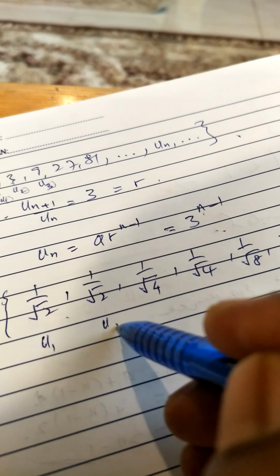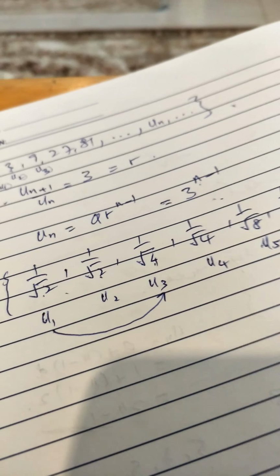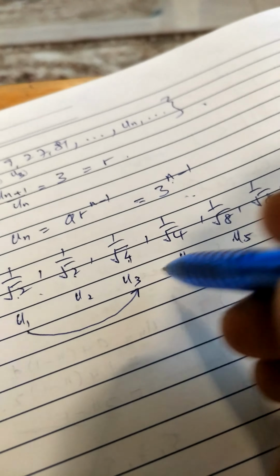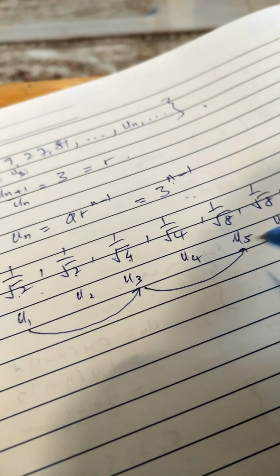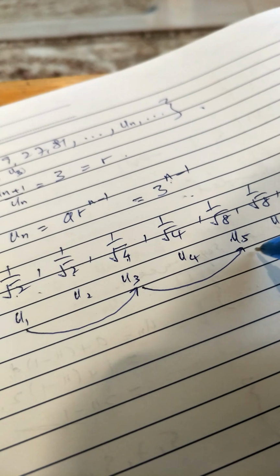Look at where the terms start to change. Here 1 over square root 2, then the same value, then 1 over square root 4, same value. So it jumps every 2 terms. You can expect the next change is u7.